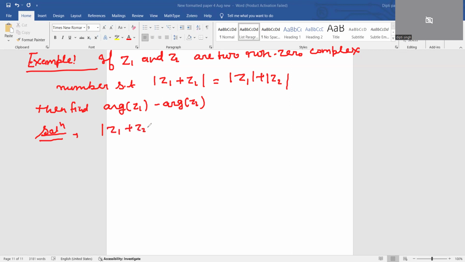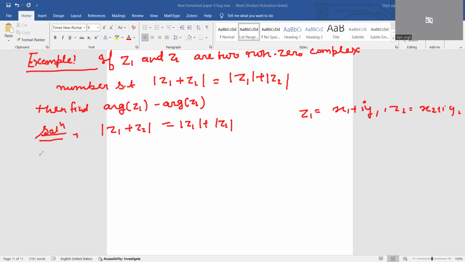So modulus of Z1 plus Z2 equals modulus of Z1 plus modulus of Z2. We can write Z1 equal to x1 plus iy1, Z2 equal to x2 plus iy2.